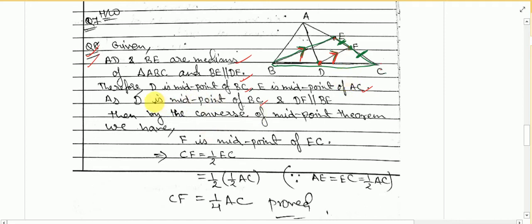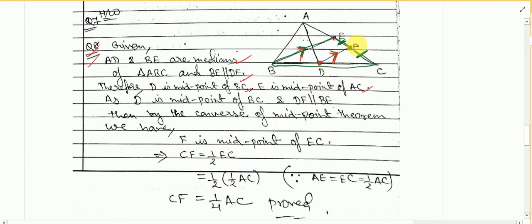Okay, so that's what I'm trying to write, that as D is the midpoint of BC and DF is parallel to BE, so in that case, by the converse of midpoint theorem, we have F is midpoint of EC. Therefore we get CF equal to half of EC.